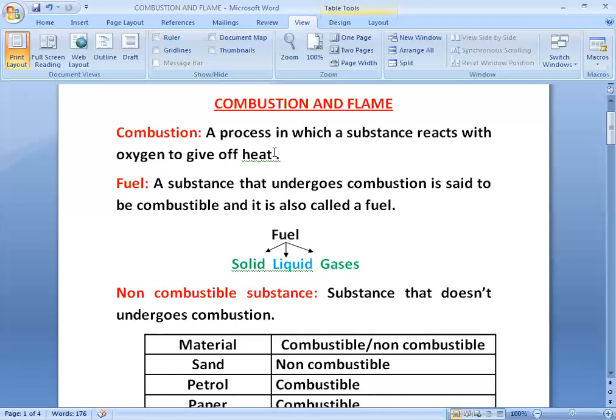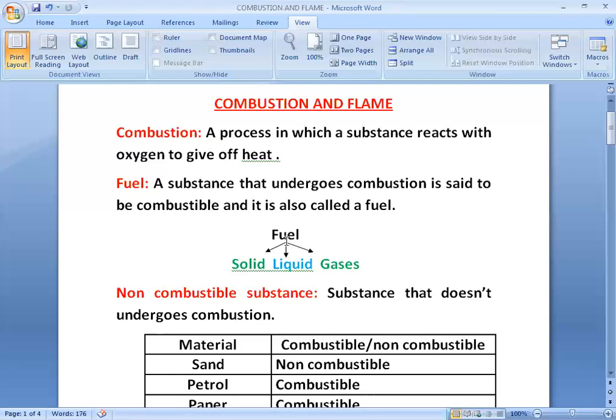So that substance is called a combustible substance, and it is also called a fuel.